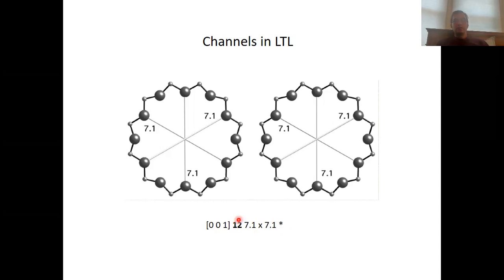So in this case, the channel has 12 members, indicated by this bold 12 here. And because we have more members, the channels are also overall larger. So they are 7.1 angstroms in all directions.